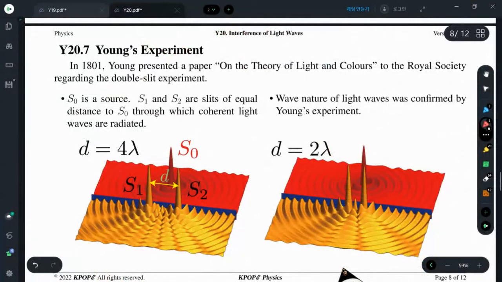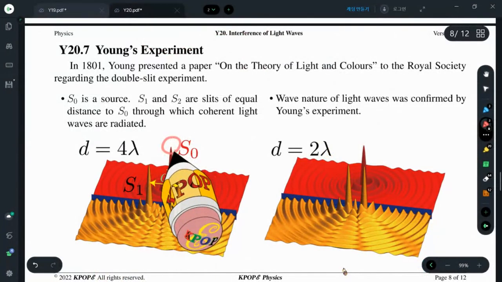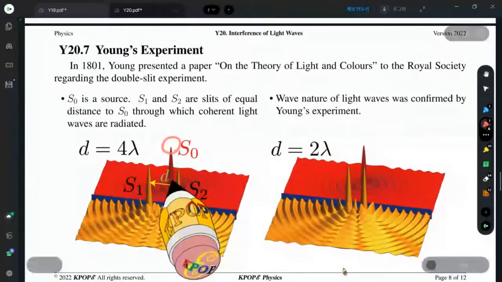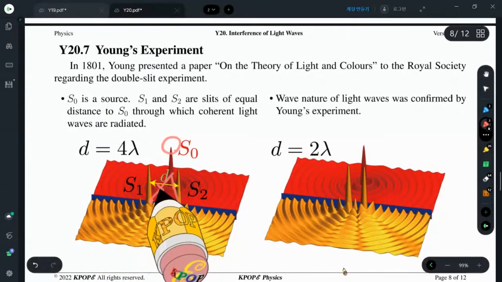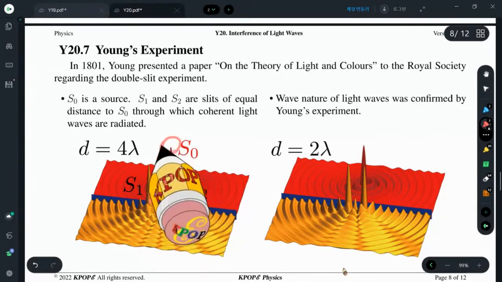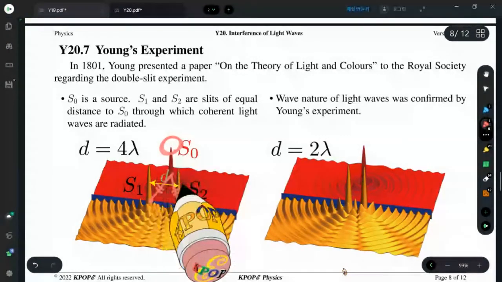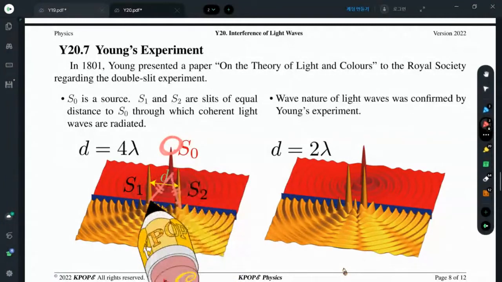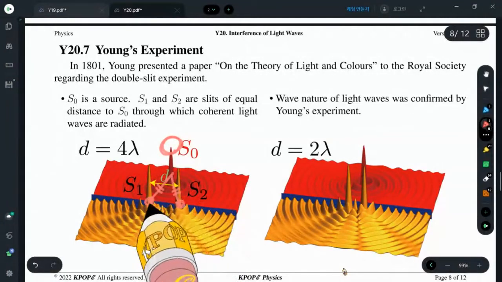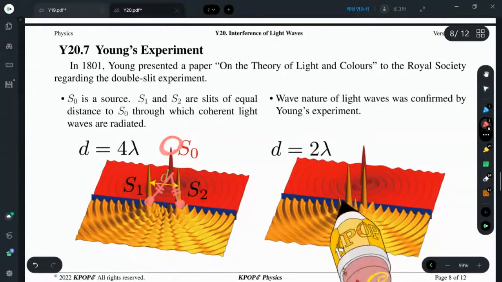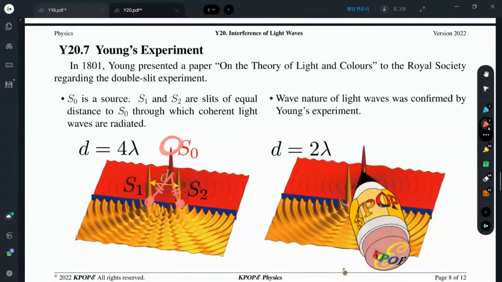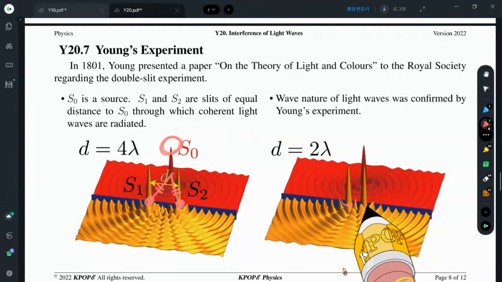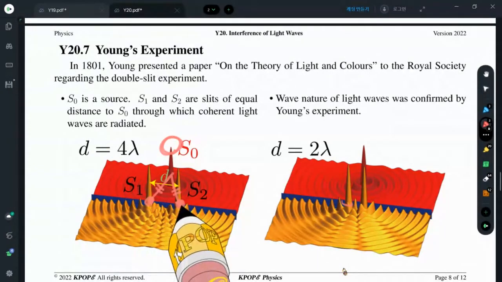Young's experiment uses a single light source, and at the center, the distances to these two slits are the same. The single light source generates a radial wave, and when it reaches the two apertures, the two light sources generate radial waves independently. And finally, you will find the interference pattern between the two light waves.